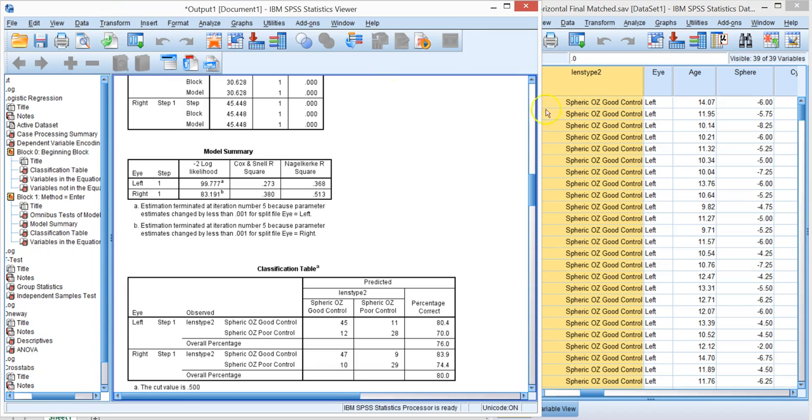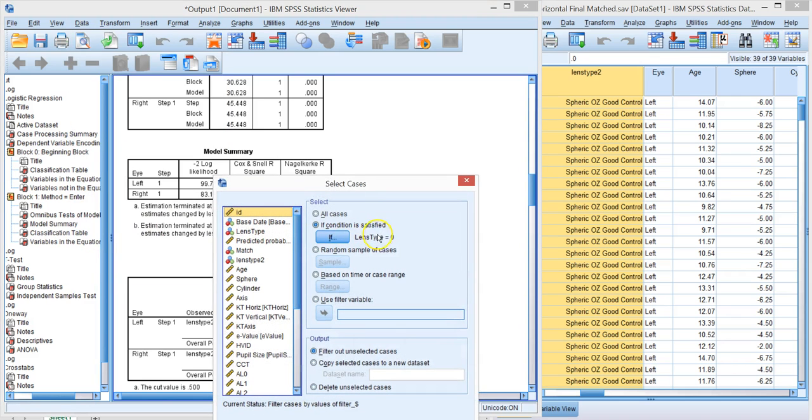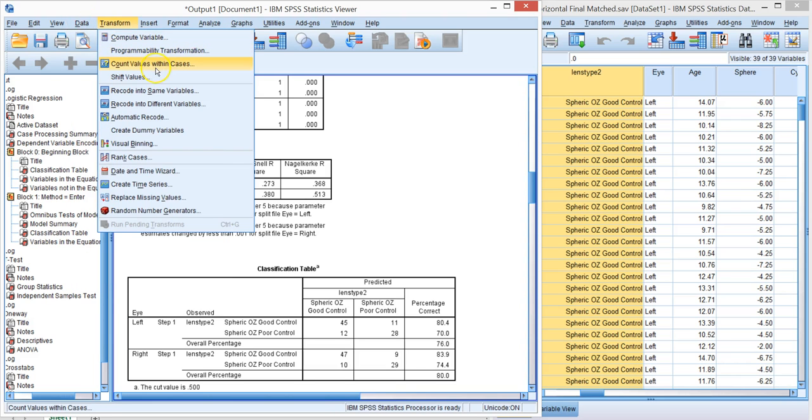And so we don't want the spheric, so we're going to go in, select our cases, and pick the fixed parameter only. We have multiple eyes for each person.